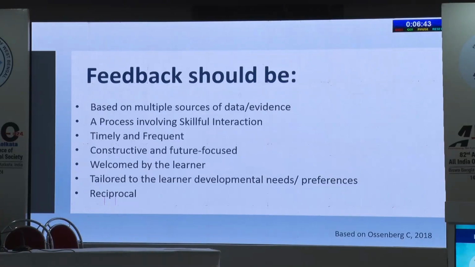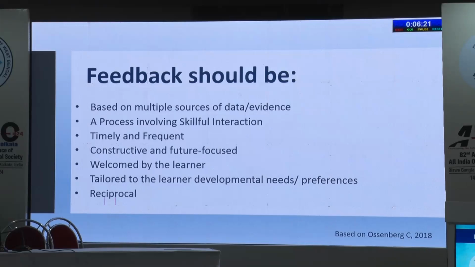It should be timely and frequent, and workplace-based, as we also have seen this morning and the afternoon. It should be constructive, coupled with some plan for the future to improve those areas that were acknowledged both by the facilitator or the mentor and the mentee or the trainee.